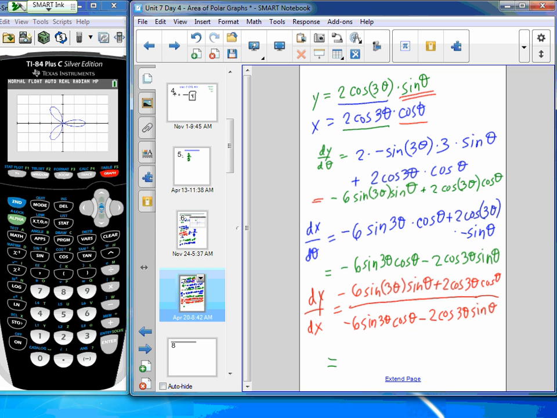3 times 2 pi over 3 is 2 pi, which means that this whole term is equal to 0 because we get the sine of 2 pi. But this term is going to work out to be 2. The cosine of 2 pi is 1 times the cosine of 2 pi over 3 is negative 1/2.